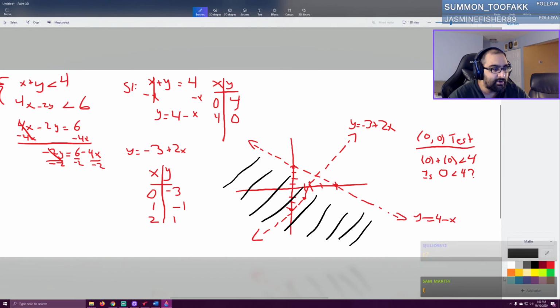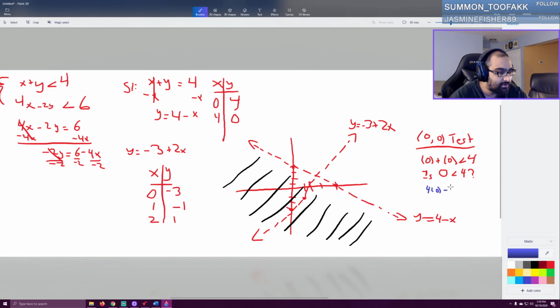Now we do the 0, 0 test on the other part. So let's put 0, 0 here. We get 4 times 0 minus 2 times 0 less than 6. So again, is 0 less than 6?